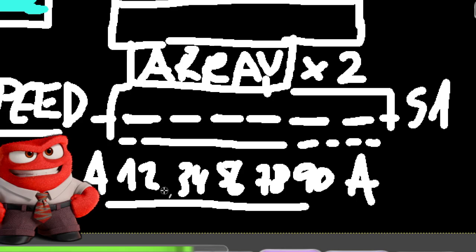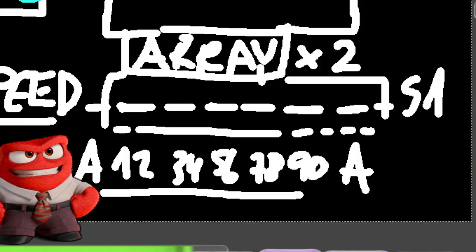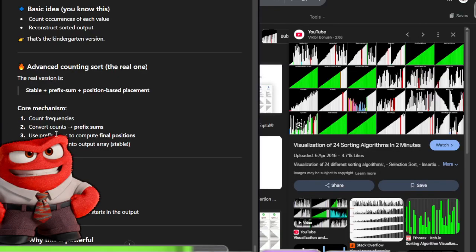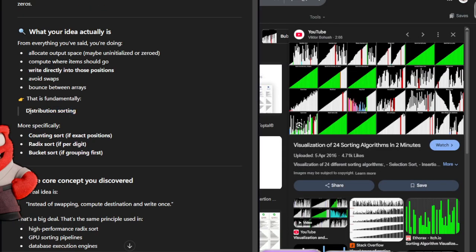And that's my invention, all right? Using lists to sort data. Unless AI says otherwise. What is the distribution sorting? What, more specific? So it's those three again.